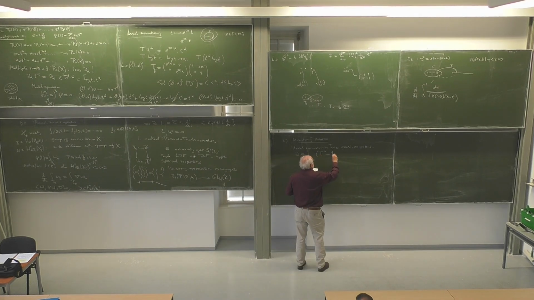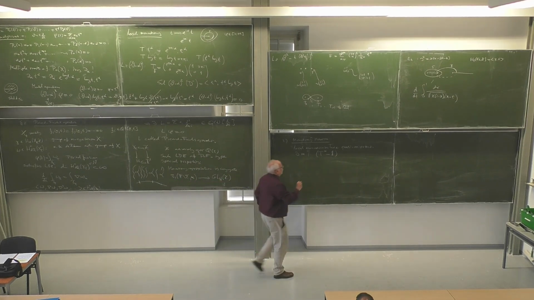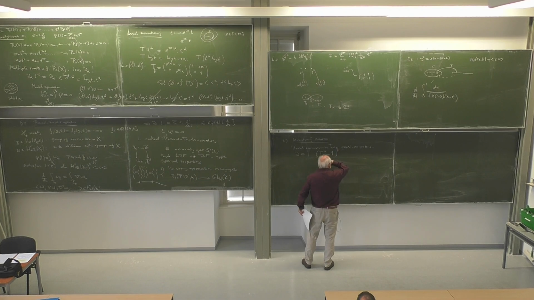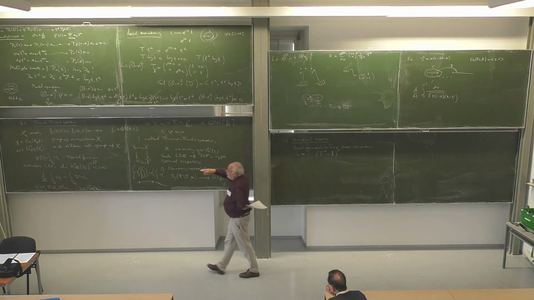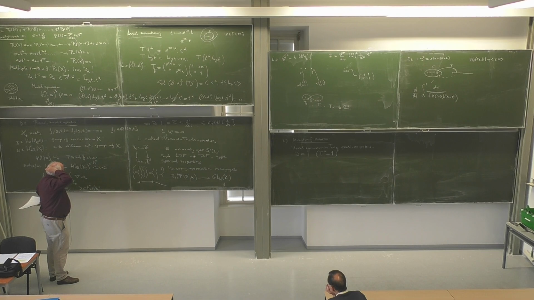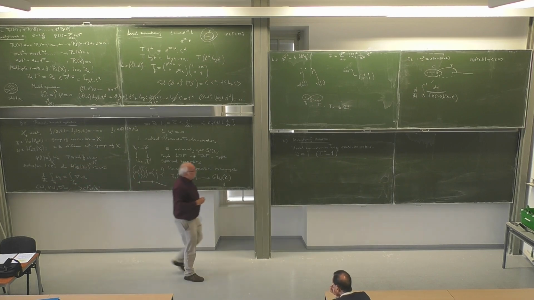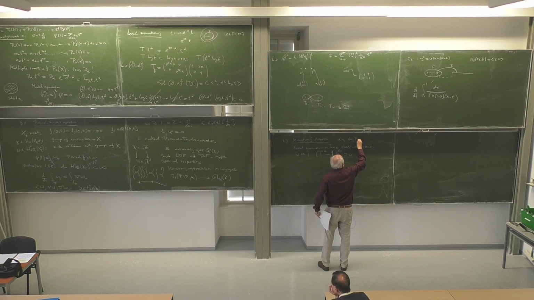And in fact, the nilpotency is at most d plus 1, where it's an n cross n matrix, and d is the dimension of X.